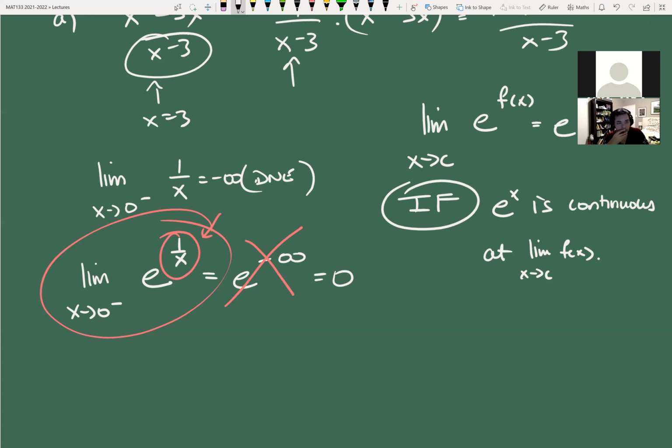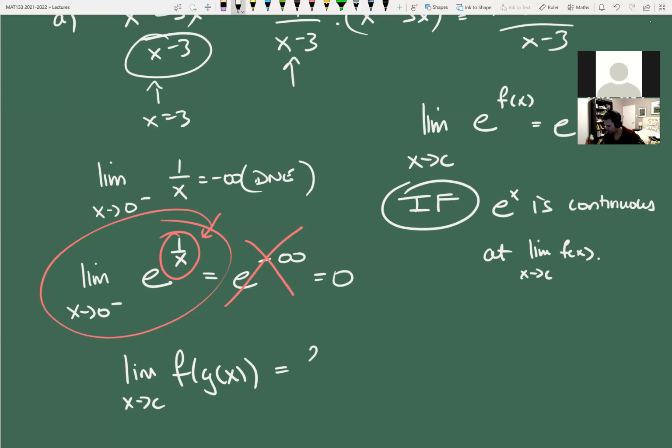Saeem, sorry, I keep missing your messages. Can we only bring the limit into the composite when the whole function exists, or the outer one exists, or the inner exists? So the rule is, maybe I kind of answered your question here. Let's not do this with e now, let's just do this with two generic functions.